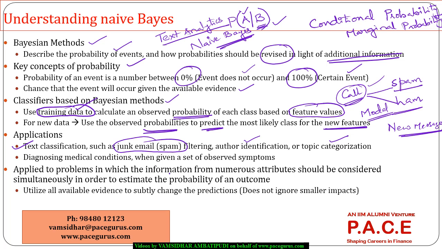So I can very well apply it in problems with numerous attributes, where I have different kinds of variables. The information of the different kinds of variables should be considered simultaneously. All the variables are influencing the class of the mail or message, and all of them have to be taken together simultaneously to predict whether a particular message would be a spam or a ham. So this is where Naive Bayes comes more and more handy.